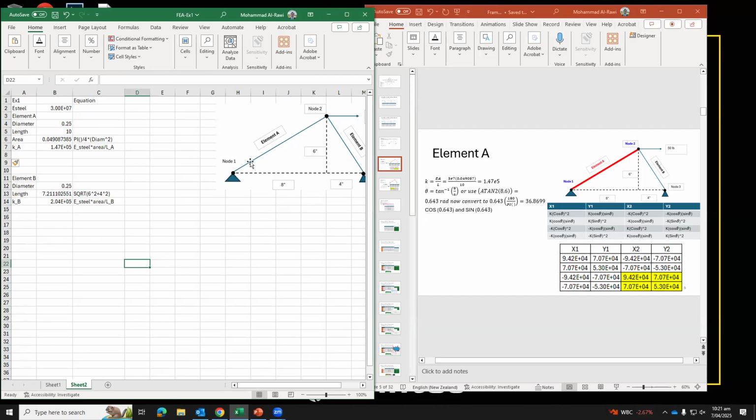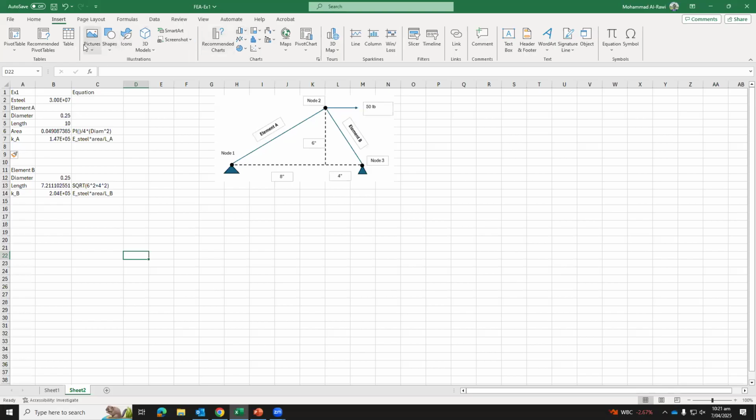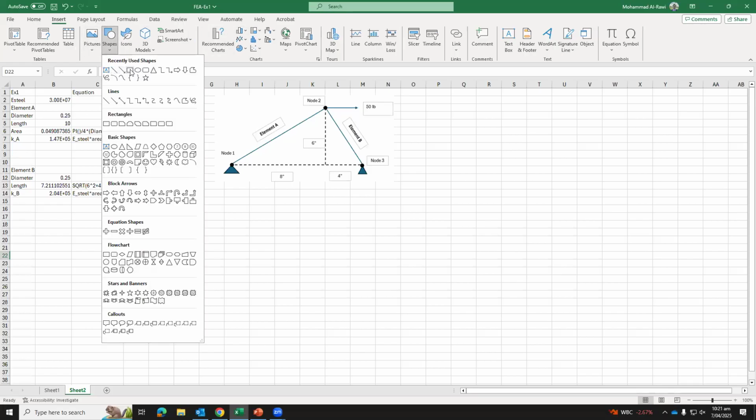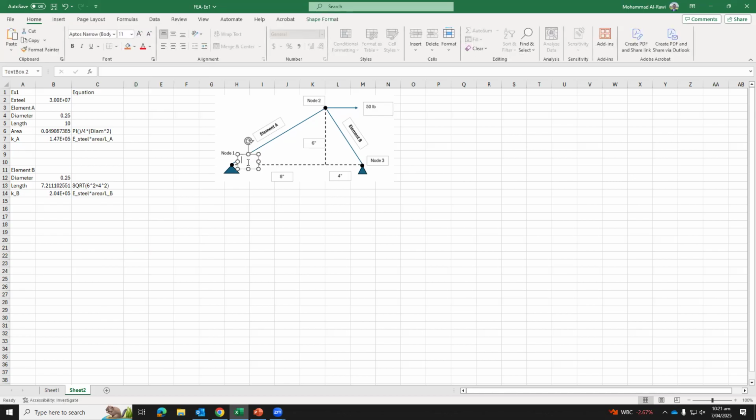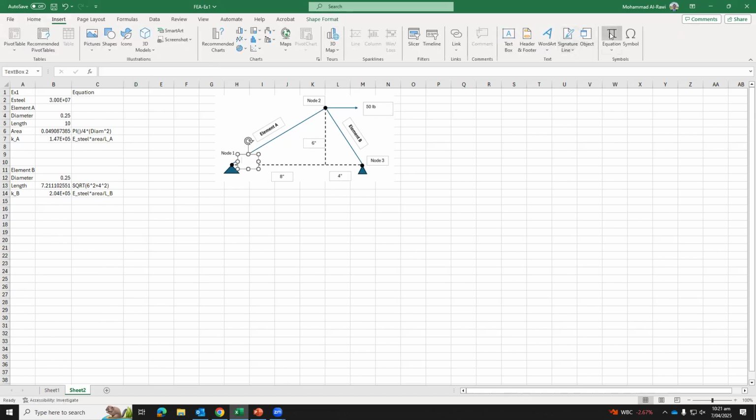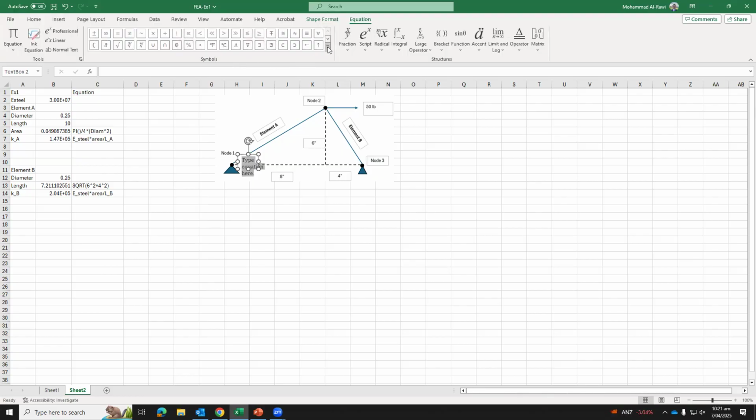All right, so if you look at this, we write this using insert shapes. I can put here that is technically theta, which I'm interested to know or to determine. I'm using the equation editor.